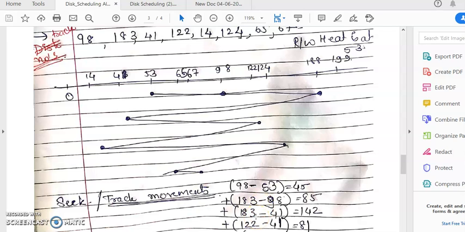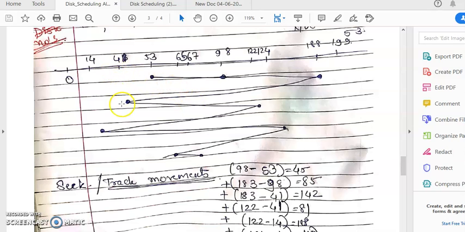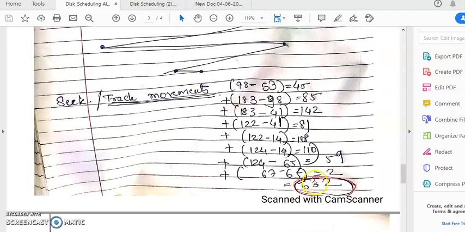Plus 183 minus 41, then 122 minus 41 and so on, and this is our total track movement, 632, which is quite high.